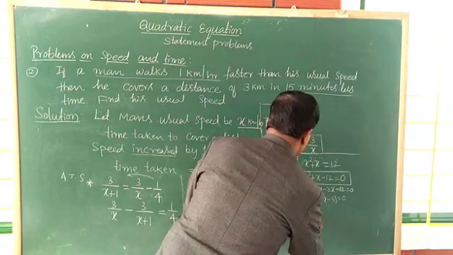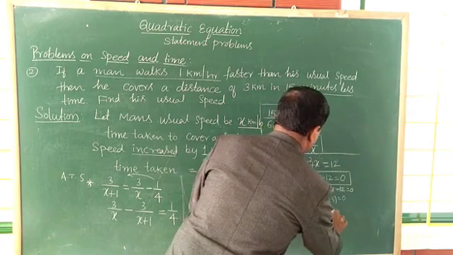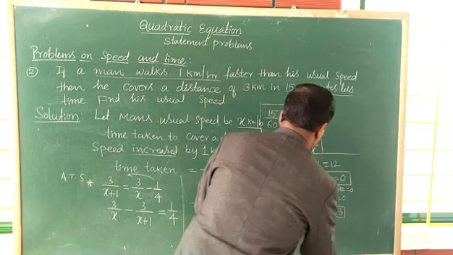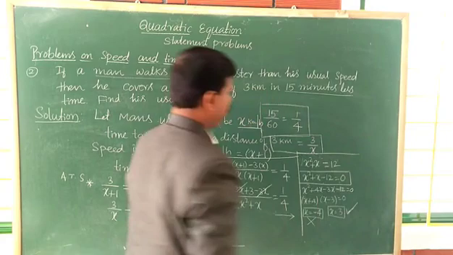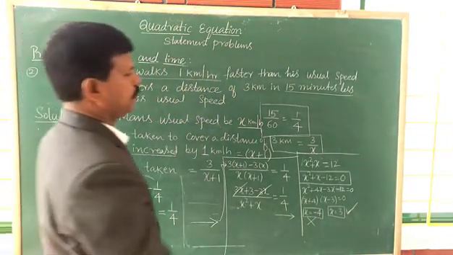Now taking x = -4 and x = +3, this cannot be possible. This is the answer.